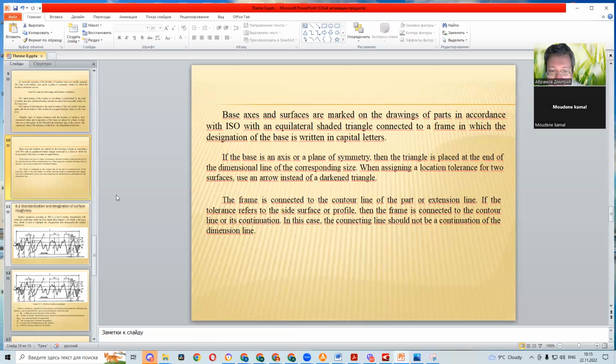If the tolerance refers to the side surface or profile, then the frame is connected to the contour line or its continuation. In this case, the connecting line should not be a continuation of the dimension line.